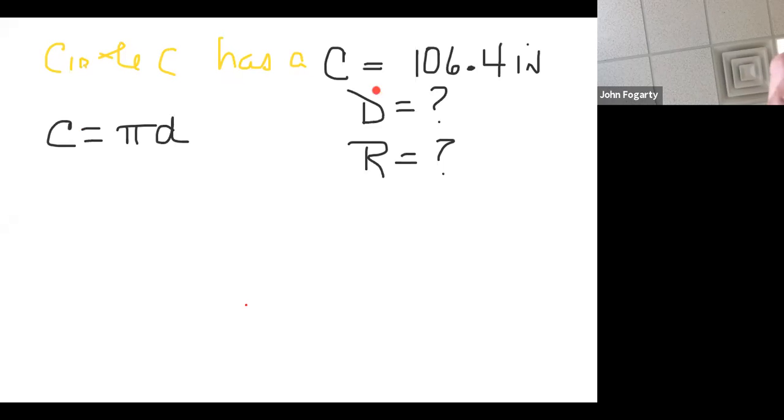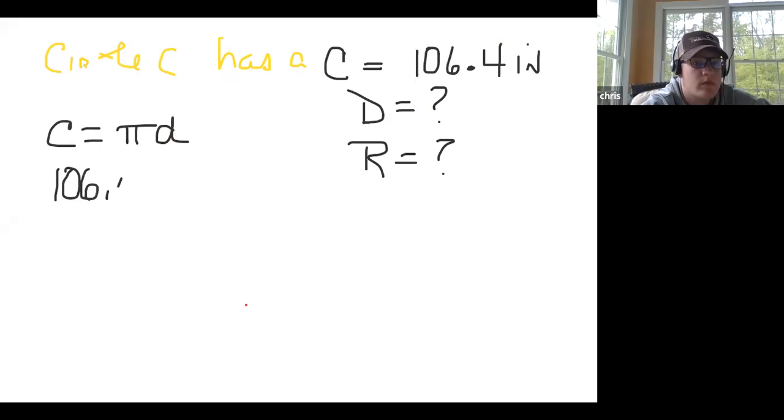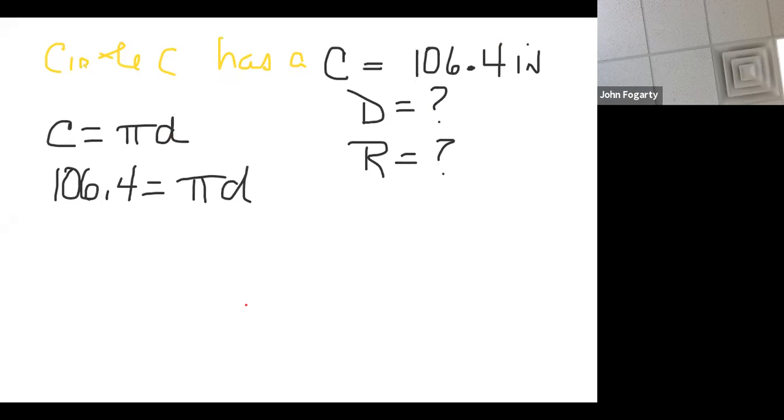So all I want to do, I'm looking for d. So if I can go over here to my formula and get d by itself, because I already know c, right? So I'm going to substitute what I know for c. Now I'm looking for d, I just want to get d by itself. So what do I have to do to both sides to get d by itself?